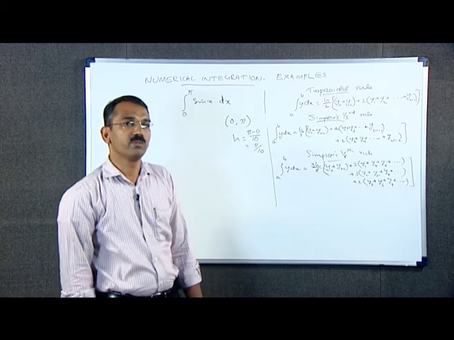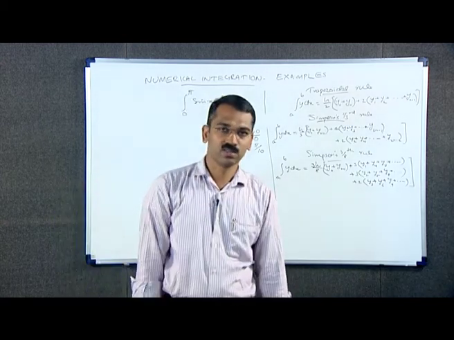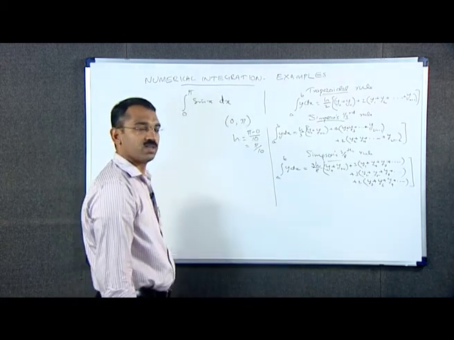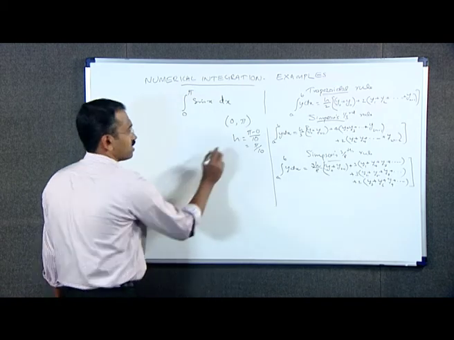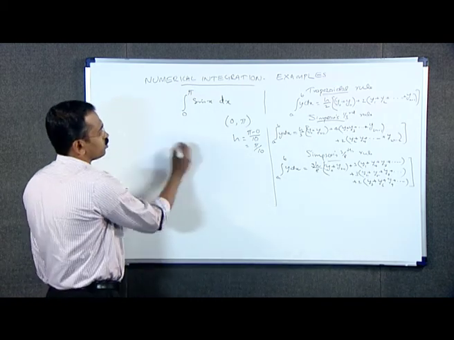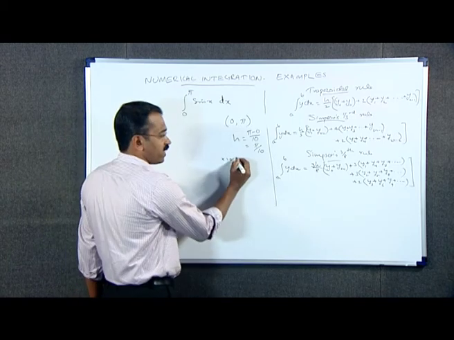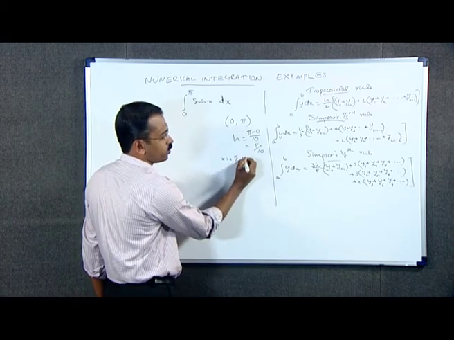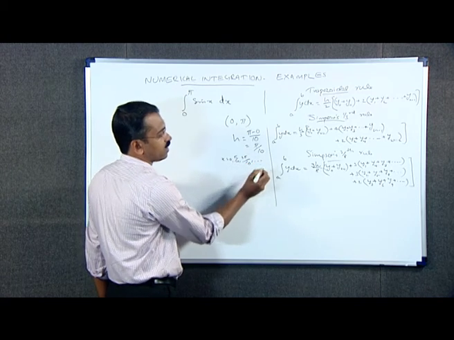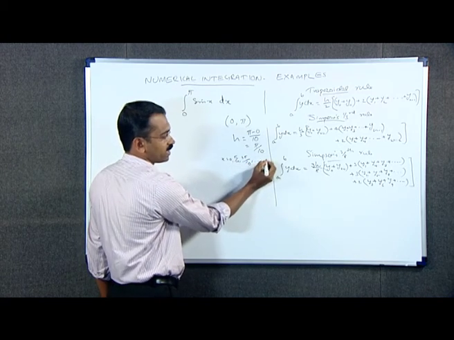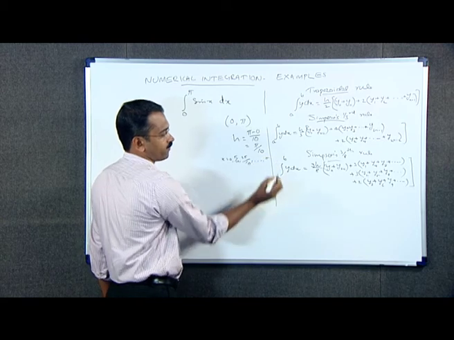Now, we compute the values of sin x for each point of subdivision, that is x is equal to 0, pi by 10, 2 pi by 10, etc., up to 10 pi by 10, that is pi.